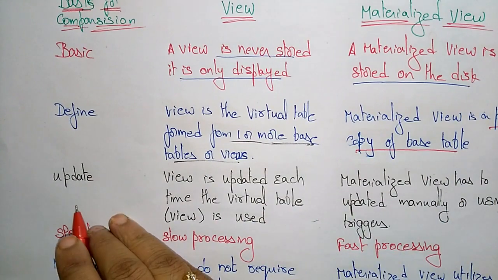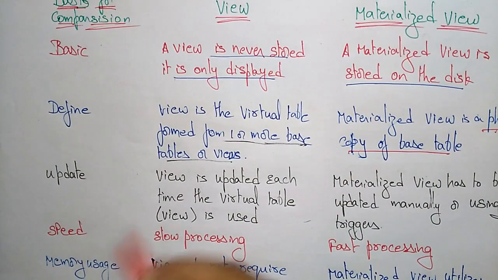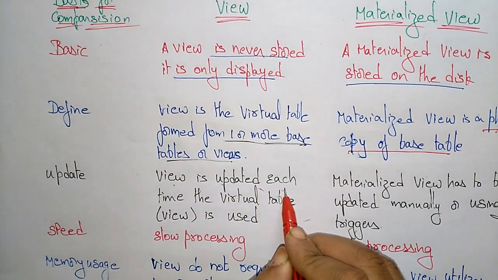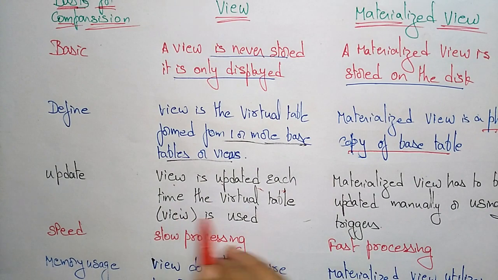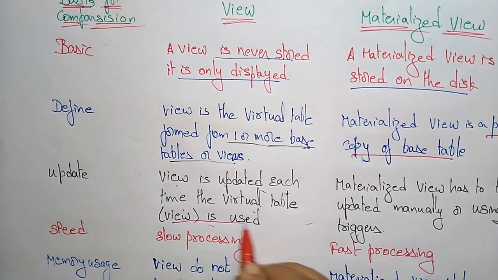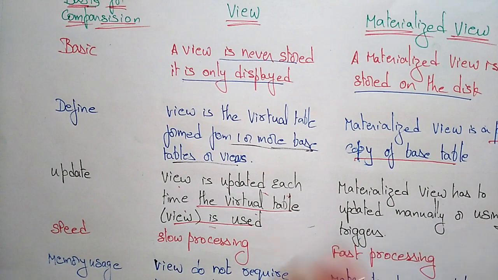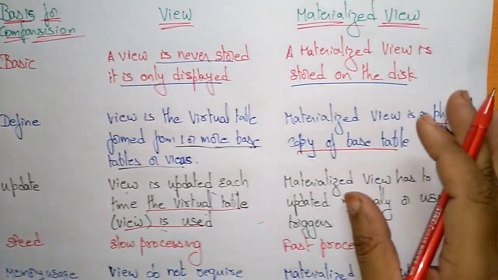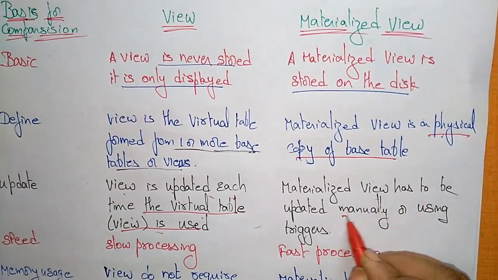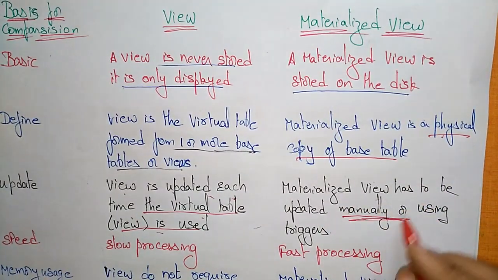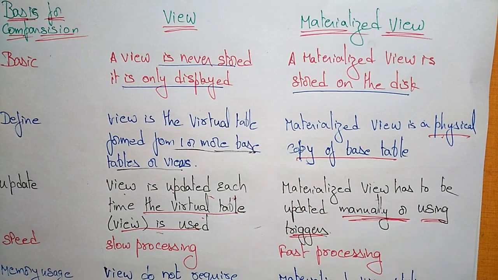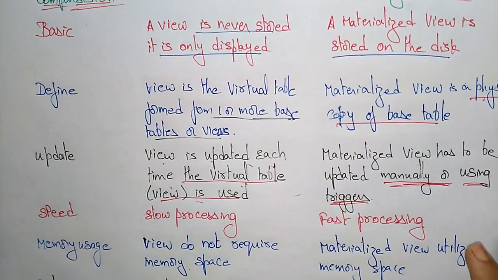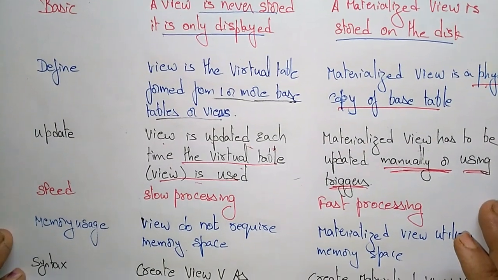Now coming to update: a view is updated each time the virtual table is viewed, automatically. A materialized view has to be updated manually, or by using triggers.